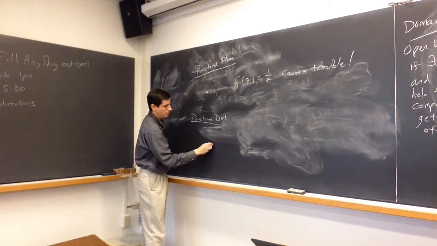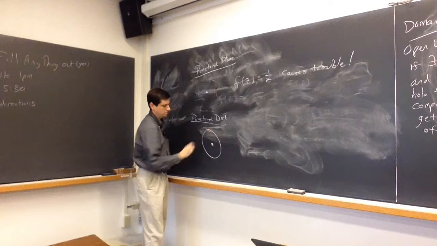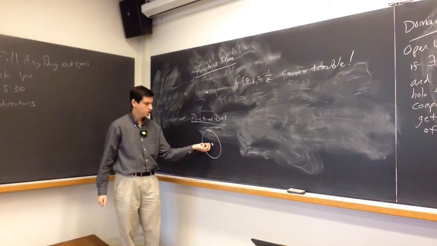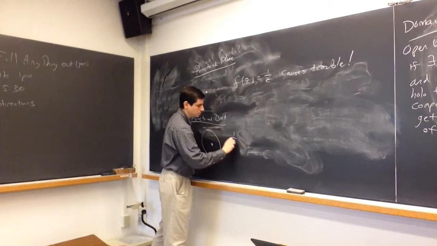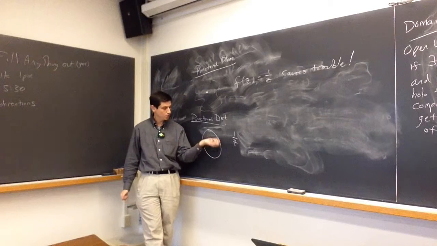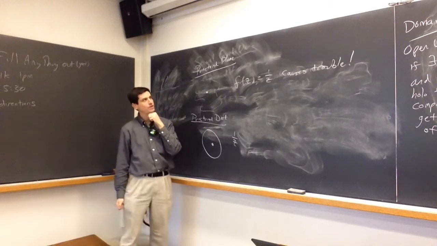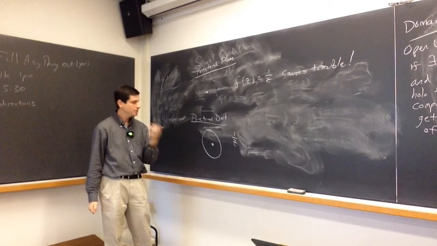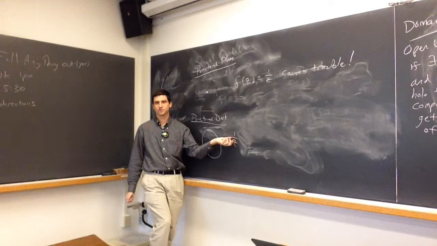So now, the boundary's more interesting. Clearly the function 1 over z is going to blow up at the origin. But the function 1 over z is well behaved everywhere on the boundary. So I don't want to go into all the epsilons and deltas. Can somebody give me a way to try to tweak this and cause problems?